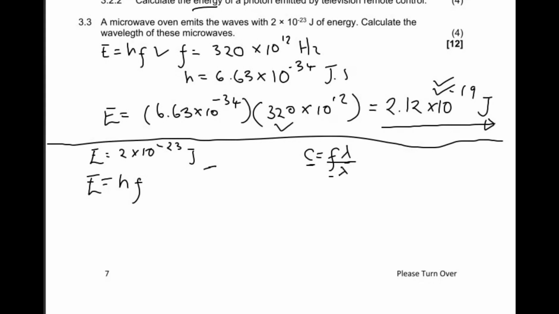We simply divide by the wavelength on both sides. So this wavelength cancels that one, such that we are left with f equals c over lambda. Now we take this expression and put it where we see f. This now means we'll have h times c over lambda. This equation is actually given to you at the back of your question paper, E equals hc over lambda. Let me show you.